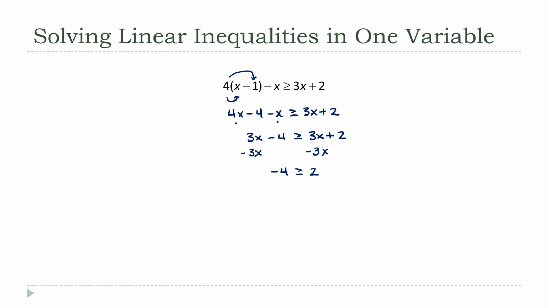This will not happen no matter what value you pick for x. Since there are no values of x that make the inequality true, that's my answer. I would say either no solutions, or there are no solutions if you want to make a complete sentence out of it, or again, we can use that symbol for the empty set here.